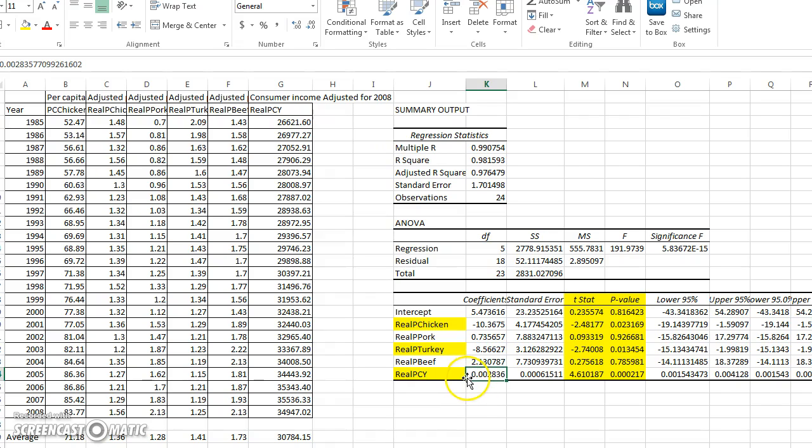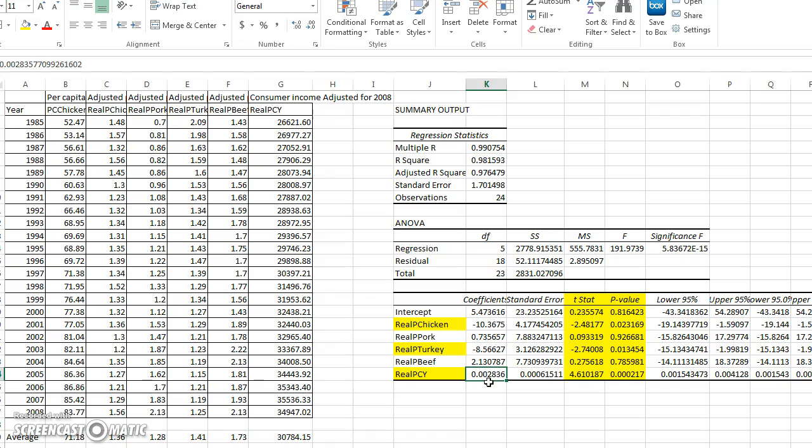Second, this coefficient is very small. That means when income goes up, the per capita consumption of chicken would go up a little bit, but the magnitude is not very big.